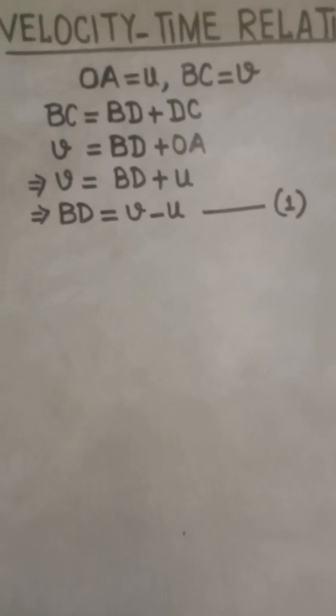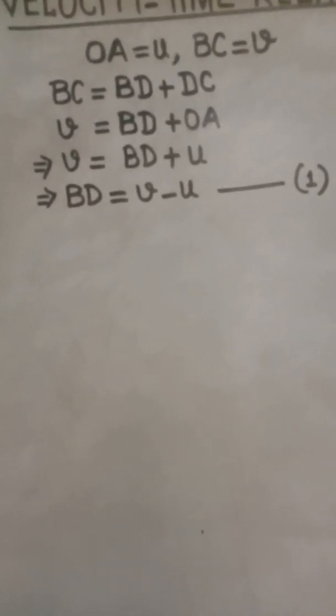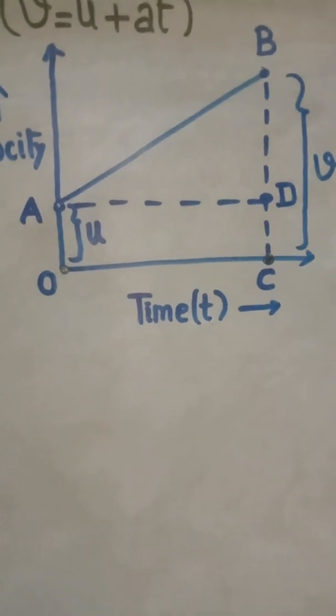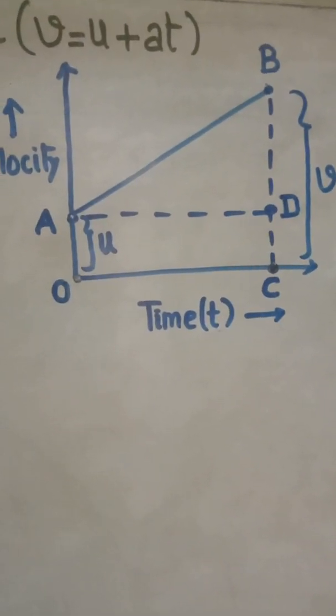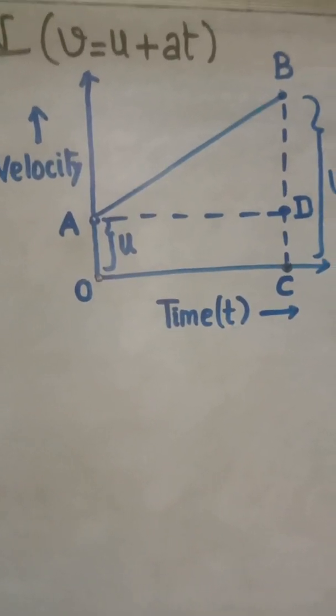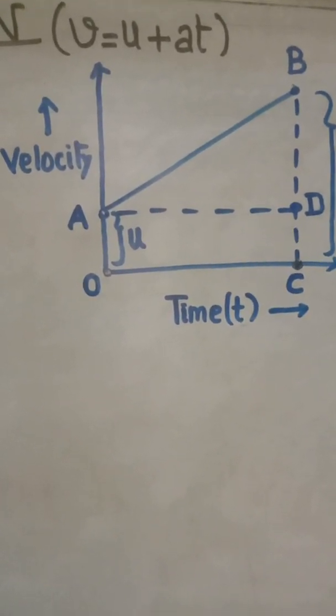Now as you get BD equal to v minus u, you need to introduce acceleration. From a velocity time graph, if you need the acceleration, you will have to calculate the slope, and slope can be calculated from a triangle.